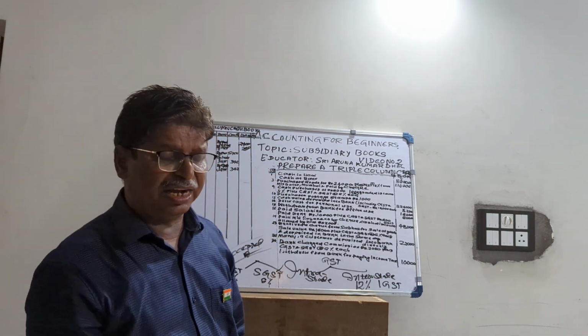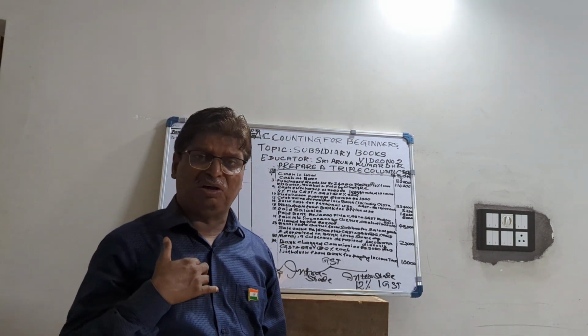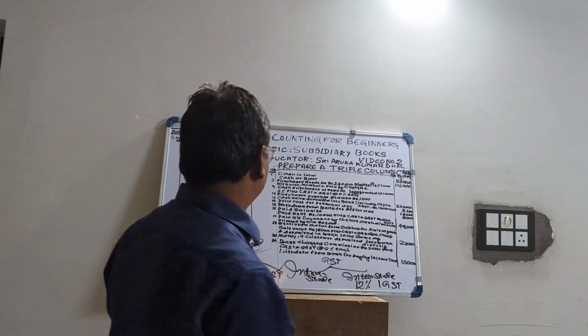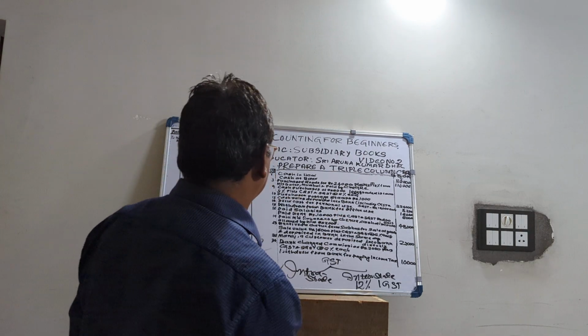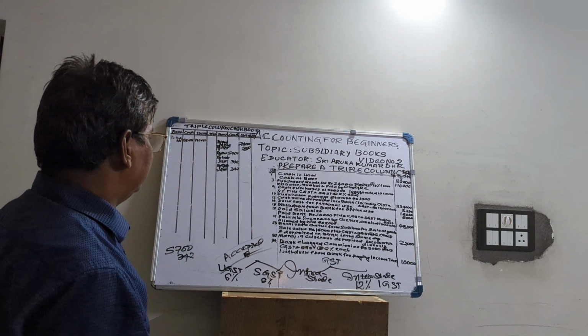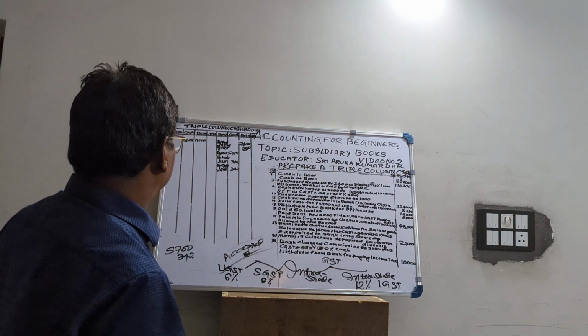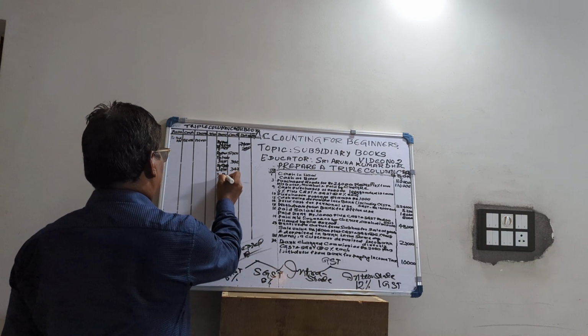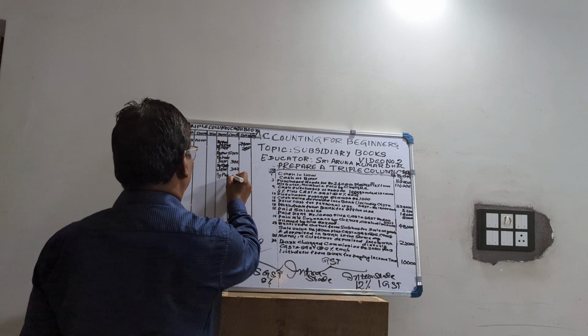In case of nominal account, debit all expenses and losses, credit all gains and income. So here we are purchasing postage stamp. So postage account debited, cash credited. On the cash column, we will write the amount 1,000.